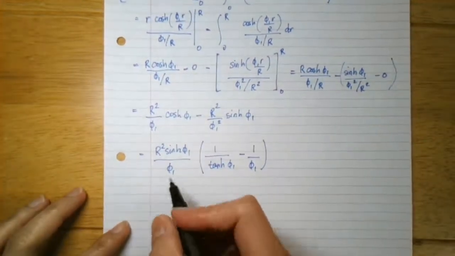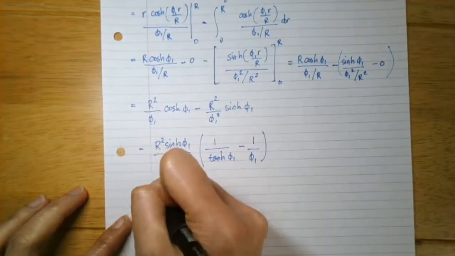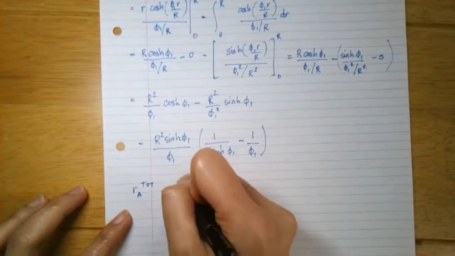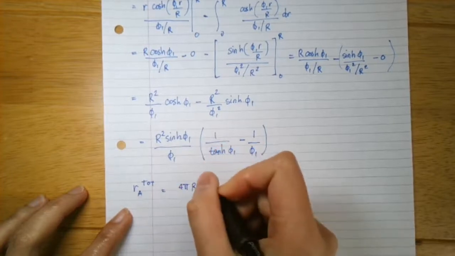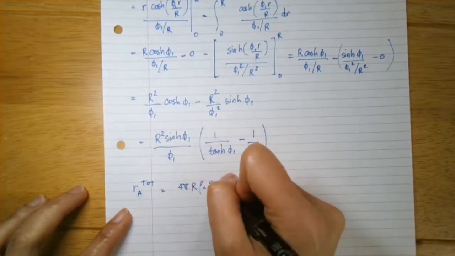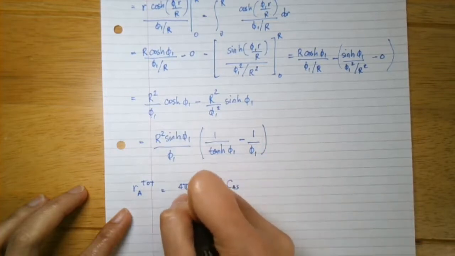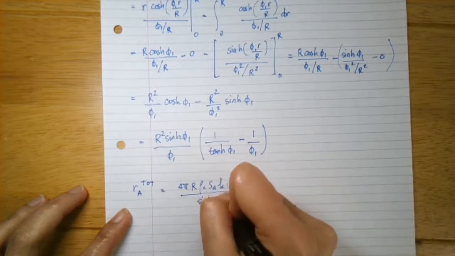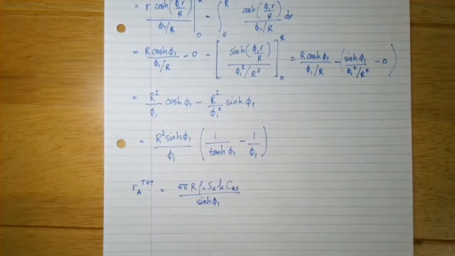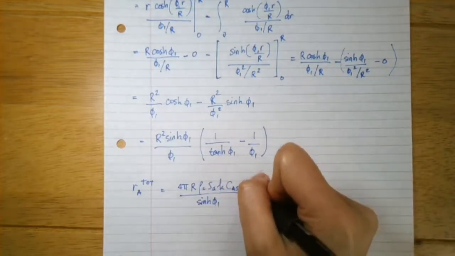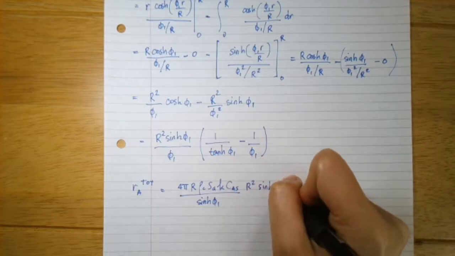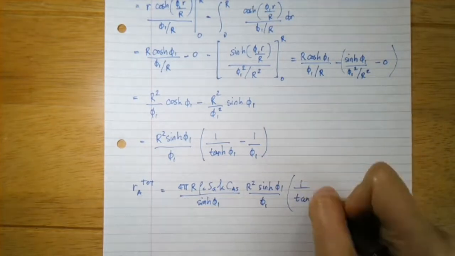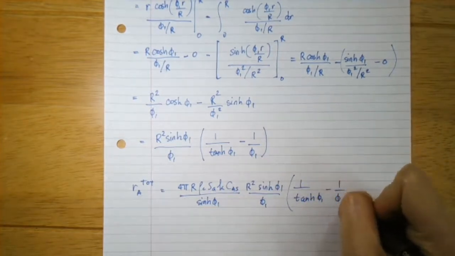RA total is equal to 4 pi r rho C S A K CAS over sinh phi 1, times the integral, which is this. So we'll have r squared sinh phi 1 over phi 1 times 1 over tang phi 1 minus 1 over phi 1.